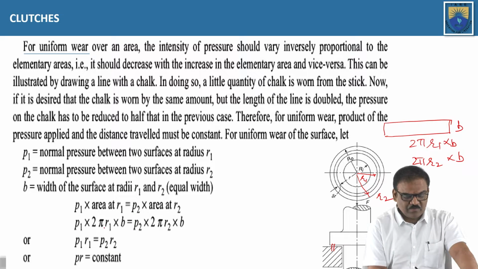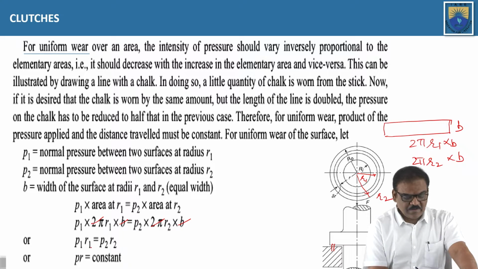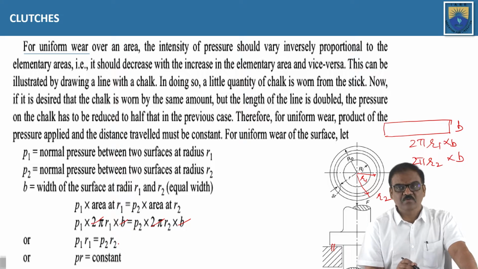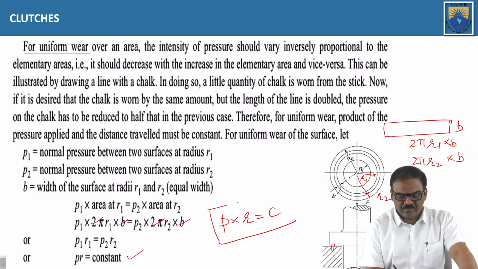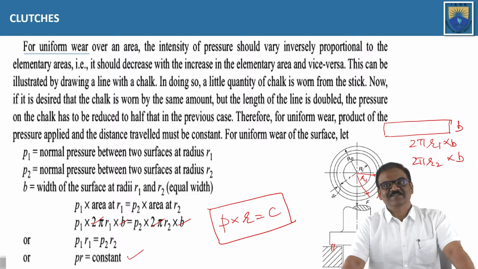Therefore, P1 into 2 pi R1 into B is equal to P2 into 2 pi R2 into B. Cancelling 2 pi and B, P1 R1 is equal to P2 R2, and we can conclude that P into R is equal to a constant. We write that under the uniform wear criterion P into R is equal to C, where C is called the wear rate constant.